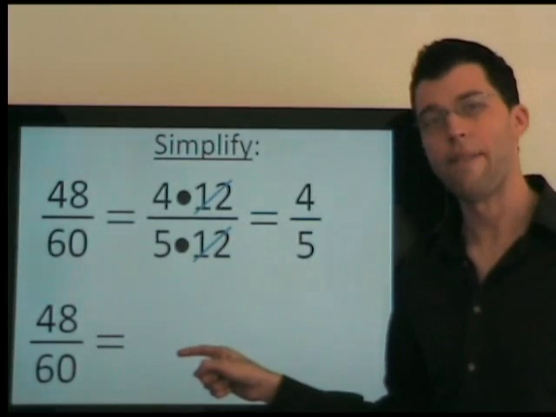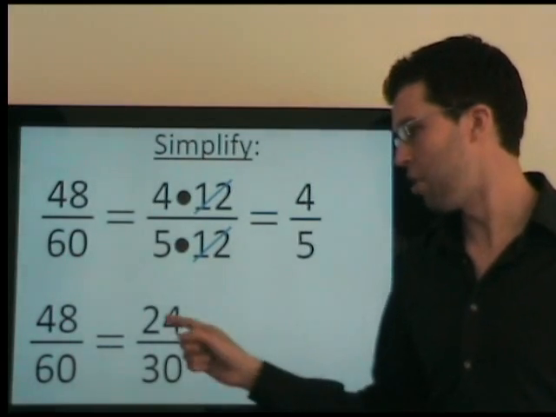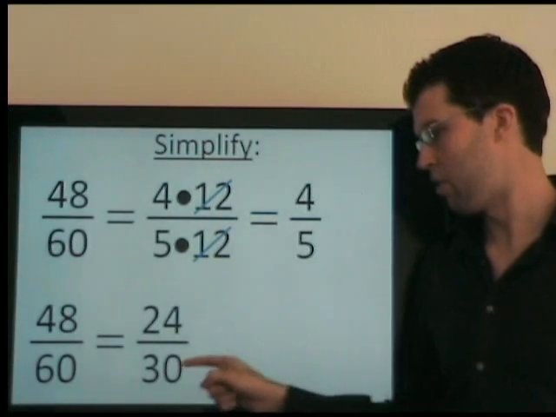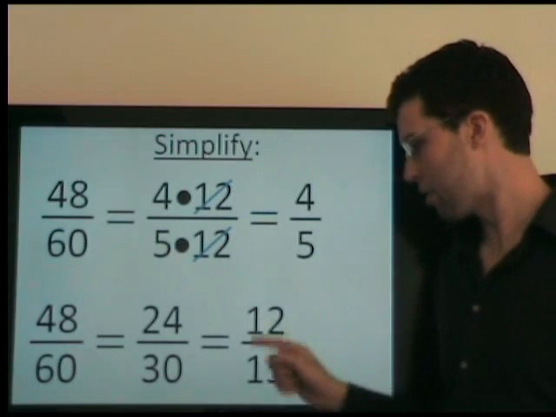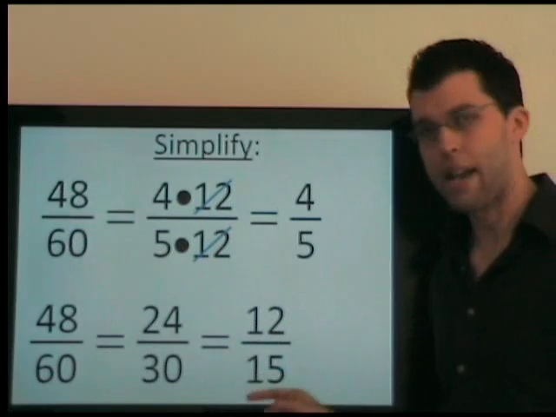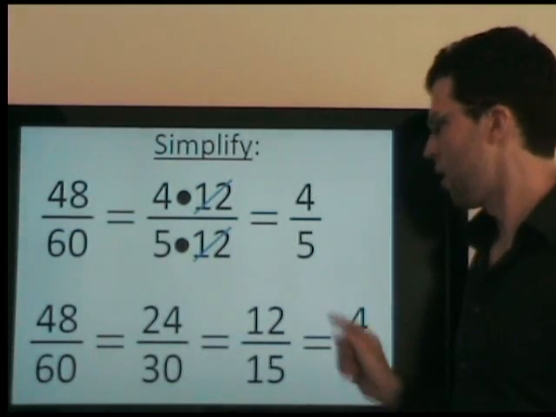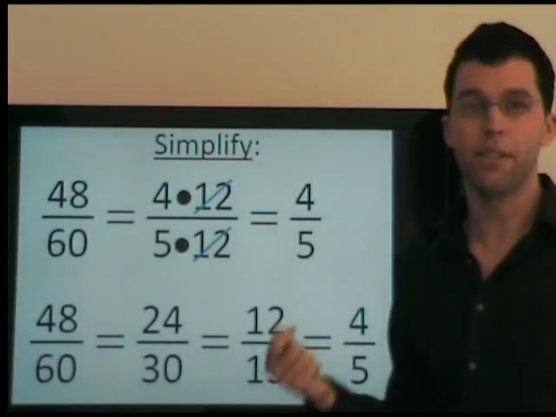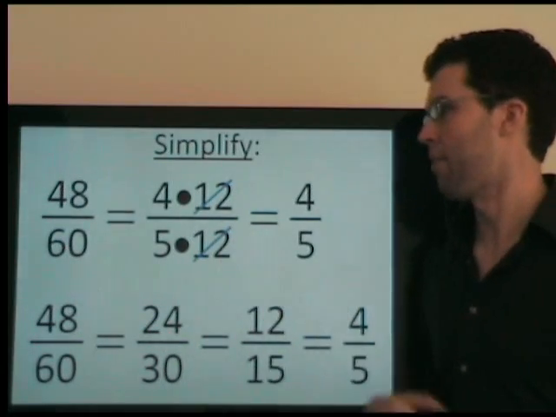So we factor and cancel the 2 and we get this. Let's keep trying 2. Is 2 a common factor? Yes. So 2 times 12 and 2 times 15. So we're factoring and canceling a 2. Is 2 still a common factor? No. Let's try 3. Is 3? Yes. 3 times 4 and 3 times 5. So we get the same answer. It takes more steps, but it may actually be easier for us because we're factoring out smaller numbers. But either way is fine.